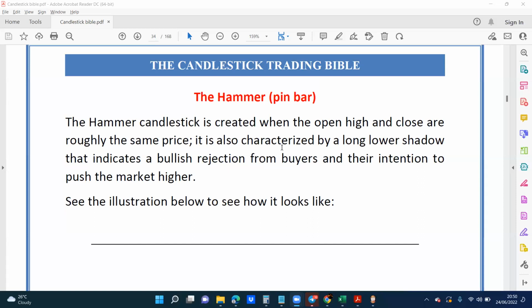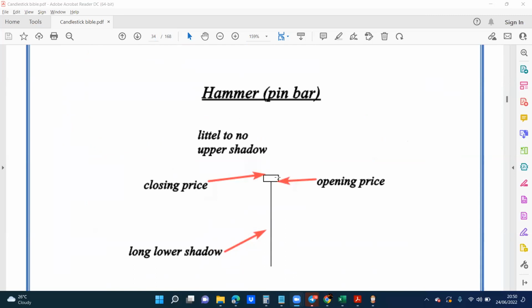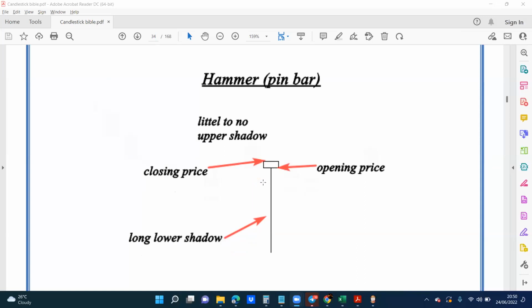Again, we mentioned that it could be a dragonfly or gravestone, but the point is that it's a doji. And the next one we're looking at now is a hammer or a pin bar, and it looks something like this. It's basically like a hammer, long wick, then one small head, one small body. It looks like a hammer.